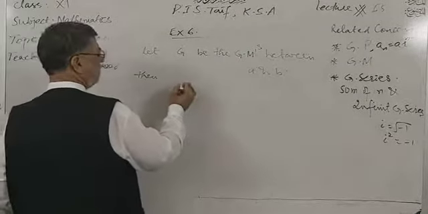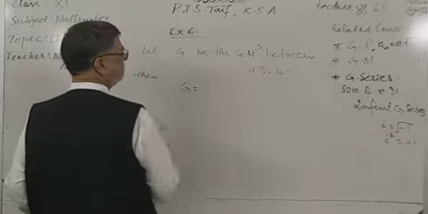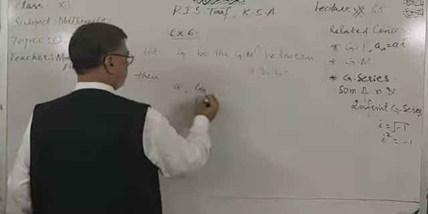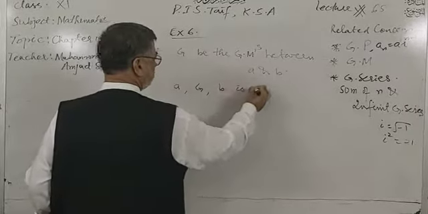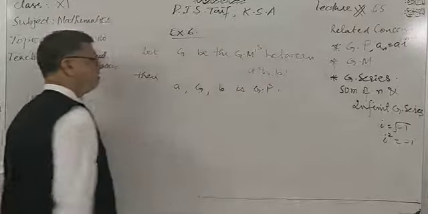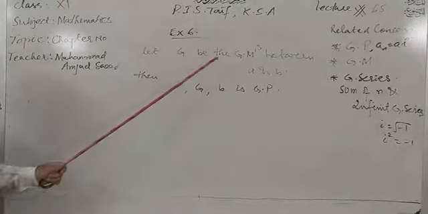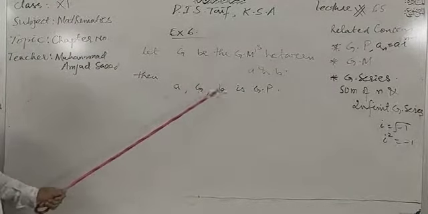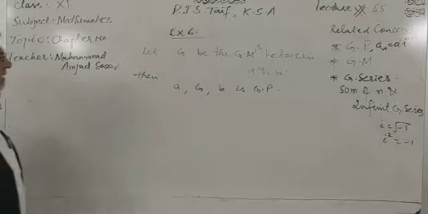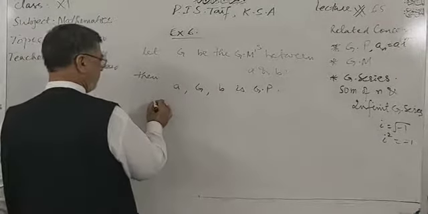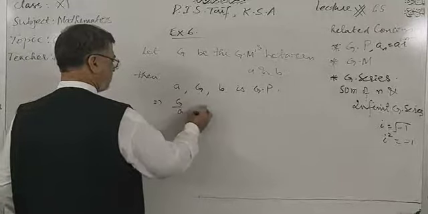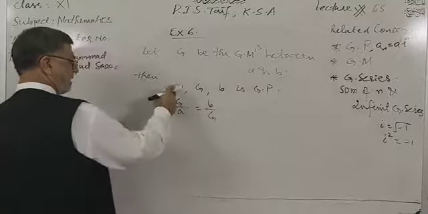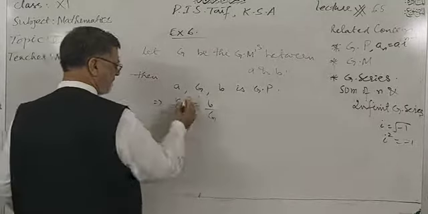Then A, G, B is a GP. By definition of geometric progression, second over first is equal to third over second.